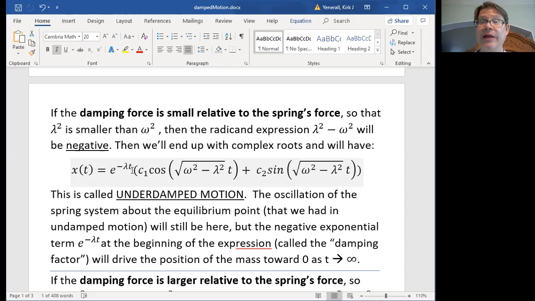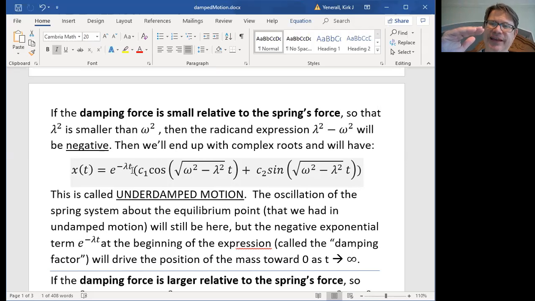Now, this situation where the damping force is small relative to the spring force, that's what we refer to as underdamped motion. Because the damping force is not too strong, that means that we're still going to get oscillation for the system, but it's going to be oscillation that eventually is going to peter out.